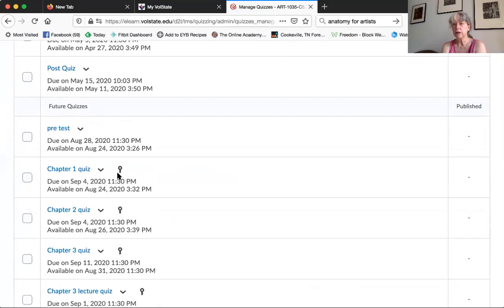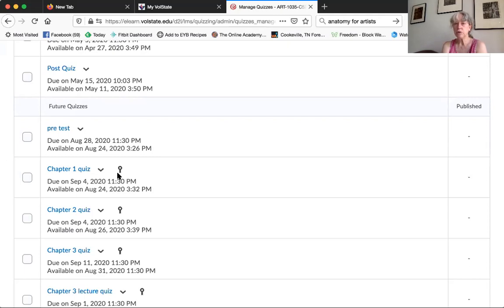It's just for departmental research. The art department in Gallatin uses these tests, the pretest and the post-test, to see if you learned anything in the class, but it's anonymous and it doesn't count towards your grade. The first quiz that really counts is the Chapter 1 quiz, and it's not due until September 4th because it takes some people a while to get their text.